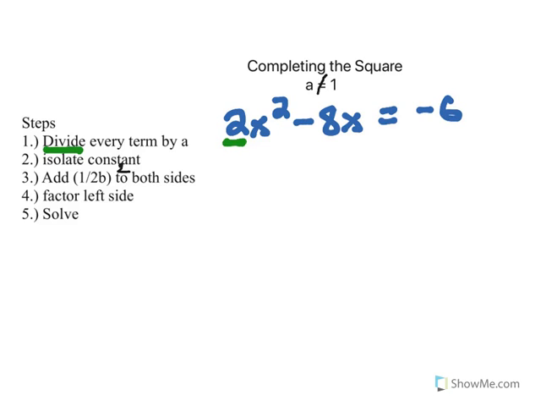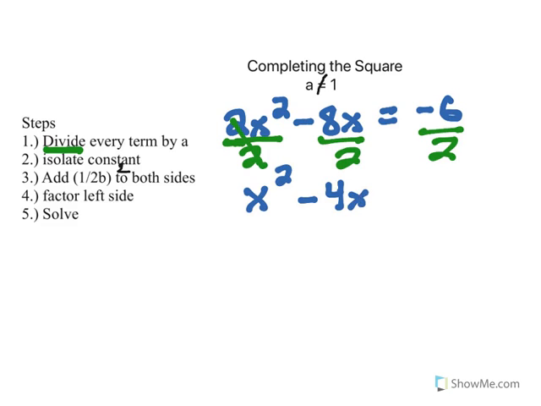So if you have something in front of your x squared, in this case 2, go ahead and divide each term by 2. That allows you to get x squared by itself. So we're going to have x squared minus 4x, and on the other side, negative 3.